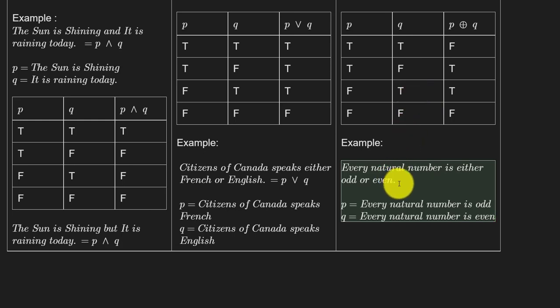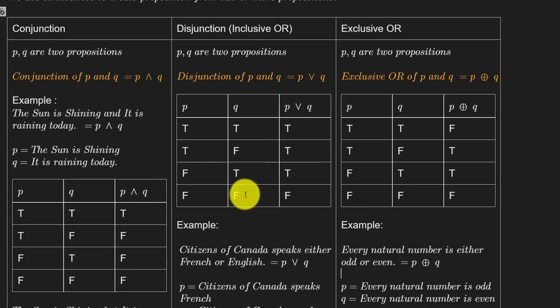This kind of sentence we generally express as P exclusive OR Q. That means this particular sentence will be false when both P and Q are true. Okay, so this is the notion of exclusive OR and inclusive OR.